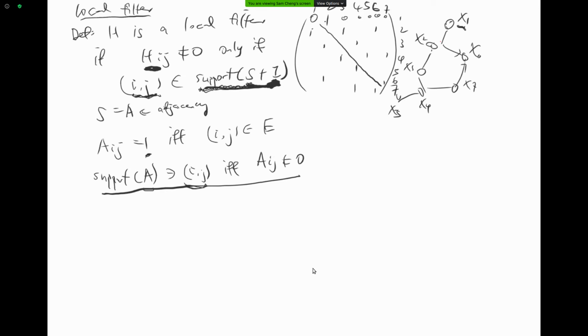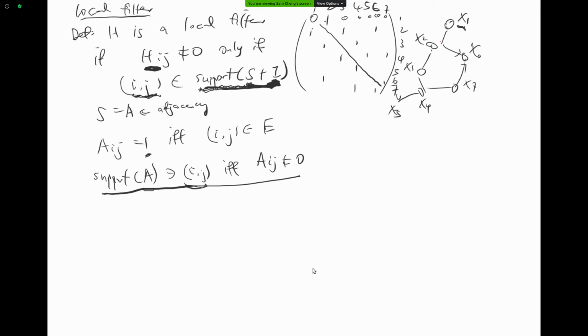So for example, for a diagonal matrix, the support will be just containing all the diagonal values, like 1 1, 2 2, 7 7 here. So here I have support S plus I, which will allow ij to include the diagonal elements.